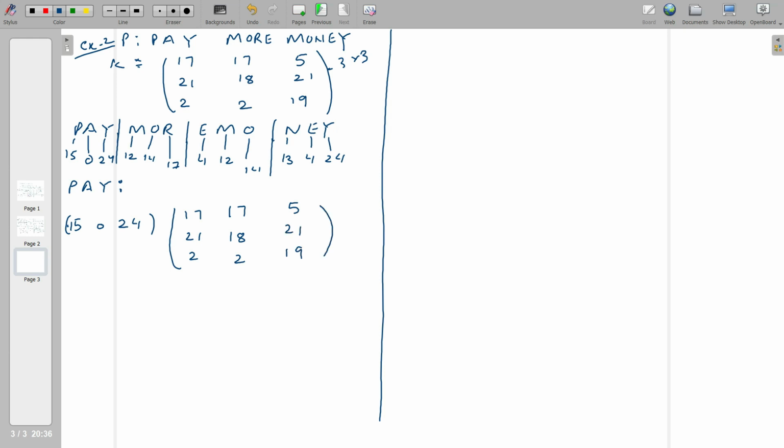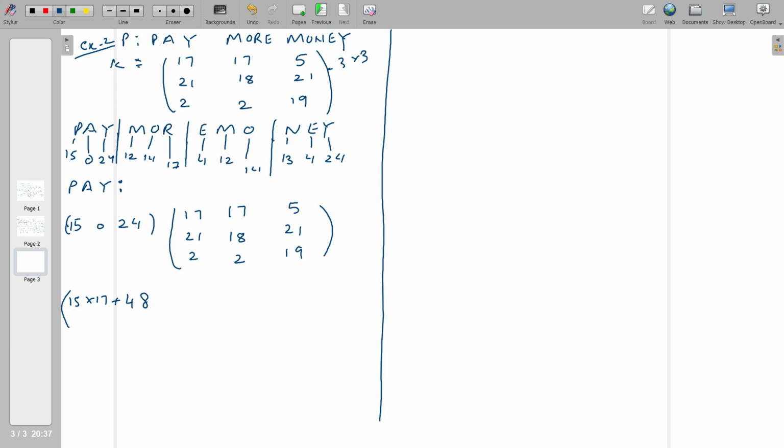So what are we going to do? We are going to make a matrix multiplication. So 15 into 17 plus 0 into 21, which is going to be 0, so I'm not going to write it just to save space, and 24 into 2, which is 48.